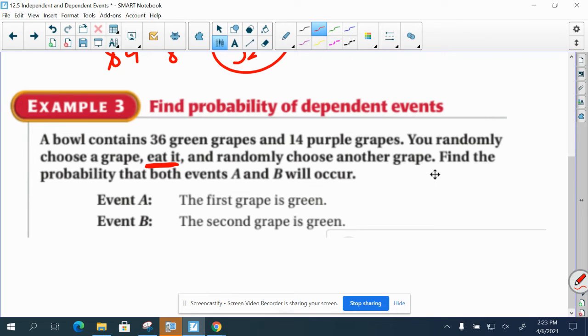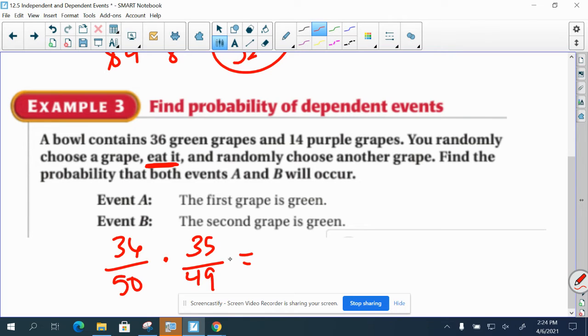Then you randomly choose another grape. Find the probability that the first grape is green and the second grape is also green. For the first grape being green, you've got 36 green grapes out of 50 total. But then you have to multiply by the probability that the second grape is green. You're assuming you already ate a green grape, so you only have 35 left, and there's only 49 total grapes left.